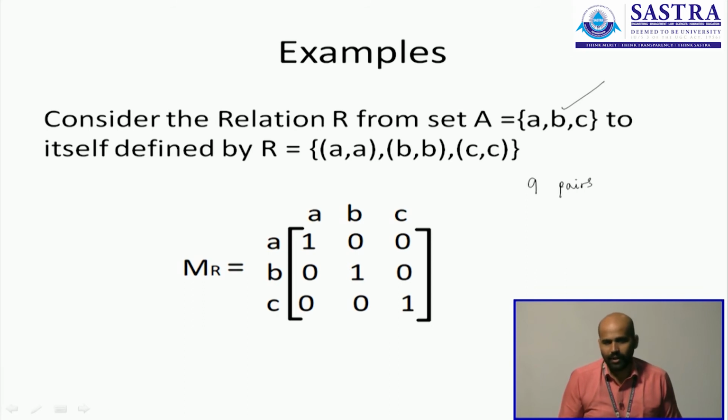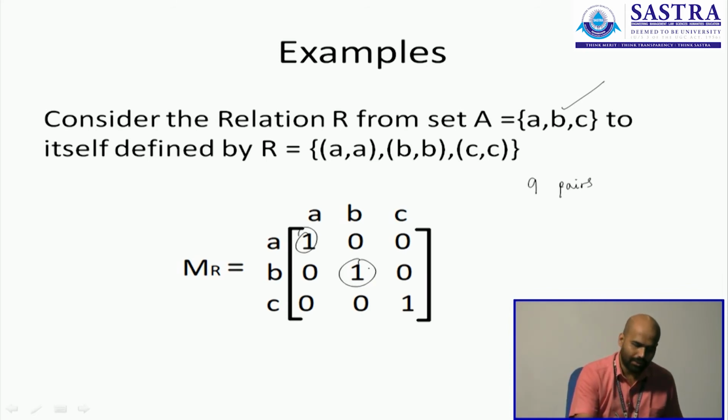Totally 9 pairs which are possible, but since the example considered includes only 3 of them, there are only 3 ones in the matrix. The remaining are zeros. You don't have AB, you don't have AC, no BA, no BC, no CA, no CB. All of these are missing, and hence those entries are zeros.